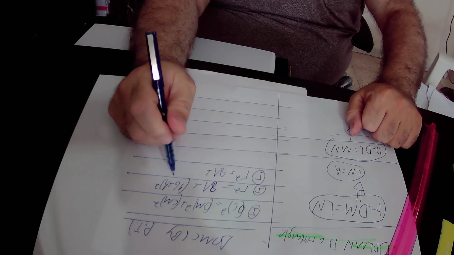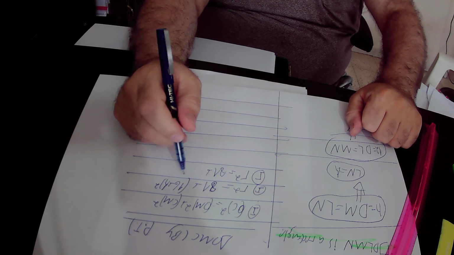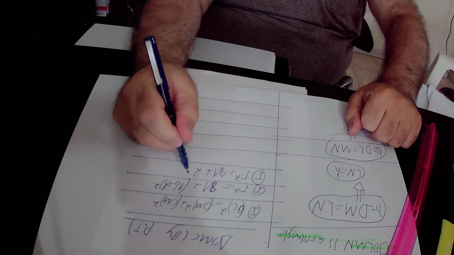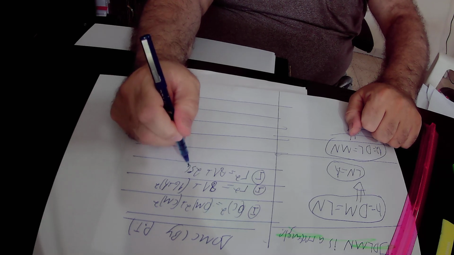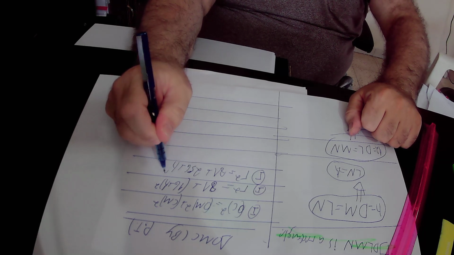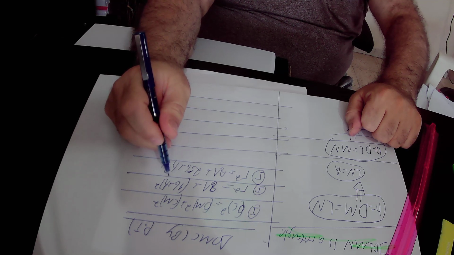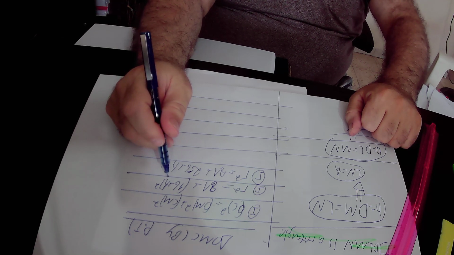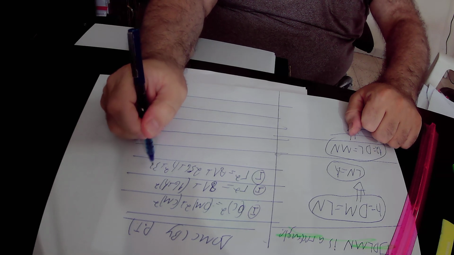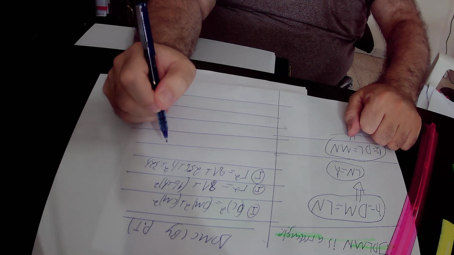We'll open the brackets here. (16 plus H) square equals 16 square, that is 256, plus H square, plus 2 times 16 is 32, times H is 32H. Okay.